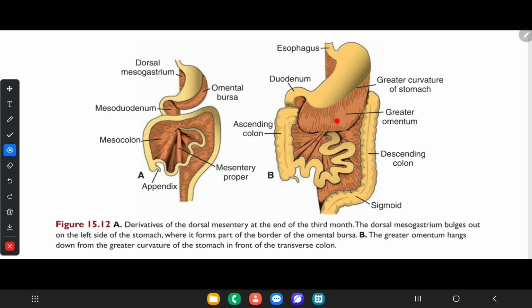You can see the greater omentum here, extending over the transverse colon and small intestinal loops like an apron. Later, this double layer fuses to form a single sheet hanging from the greater curvature of the stomach. Then the posterior layer of the greater omentum also fuses with the mesentery of the transverse colon.